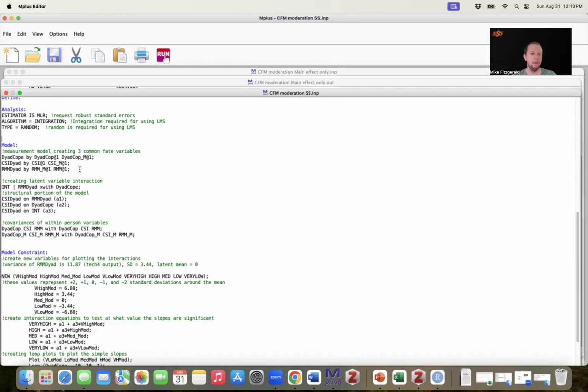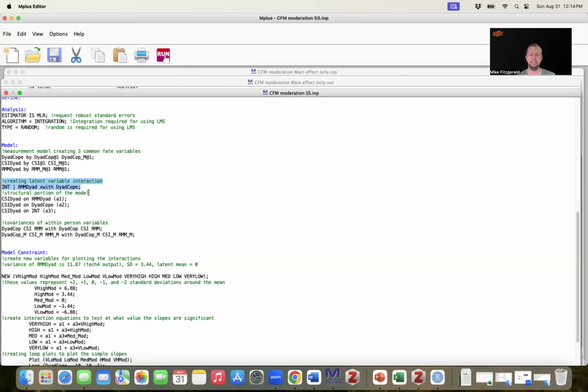Here we estimate the common fate variables like we would in the main effect model or in other models where we're testing interactions. That doesn't change, but what we're doing next is different.